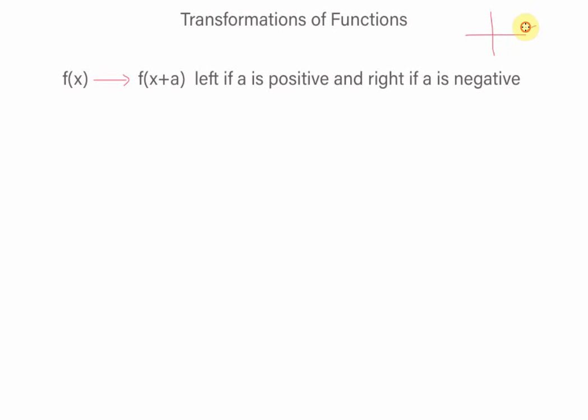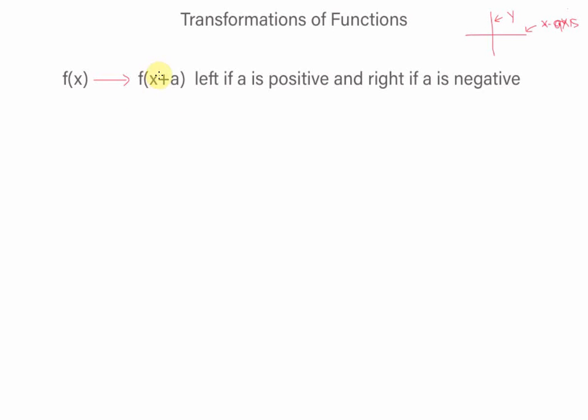This is what's called your x-axis, and this one is your y-axis, okay? So y-axis is up and down, and this one here is your x-axis, okay?